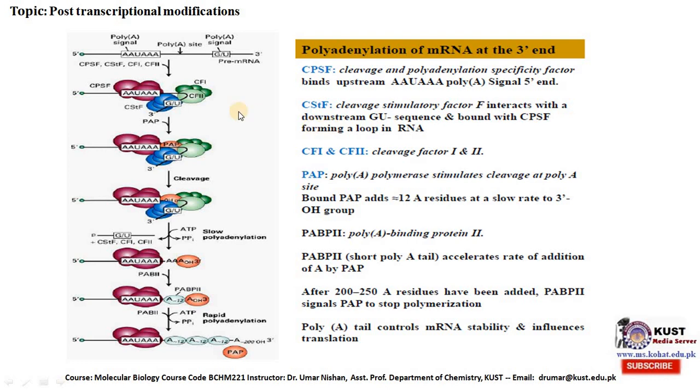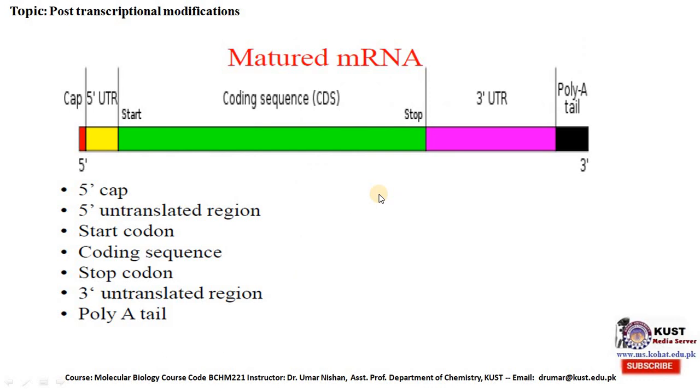I would request you to have a look at this, and you will understand how the polyA tail is created, because if I describe it, it will increase the video length, which will become difficult to upload. So hopefully after reading this you will be able to understand it yourself.